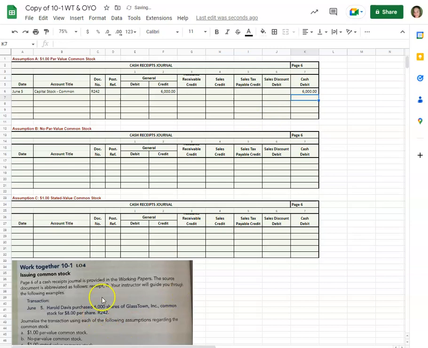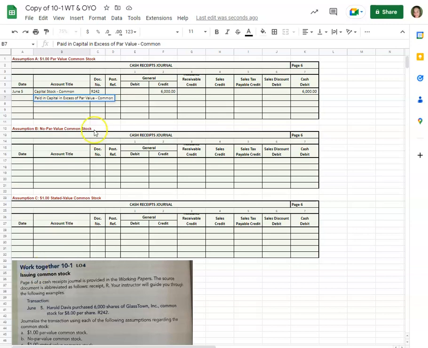However, we didn't receive just $6,000. It has $8 per share value. So then we have to do the math down here on paid in capital in excess of par value common.